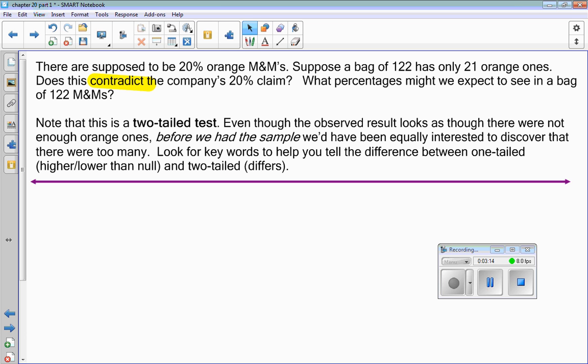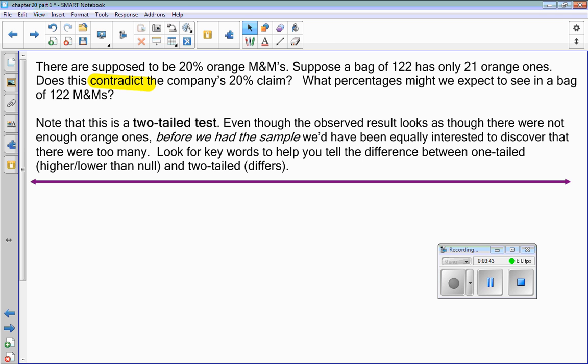The vocabulary needs to be there to imply a direction. We cannot use our sample to imply direction. In other words, we have to make a decision before our sample is even collected, whether we're trying to show that it's greater than, less than, or in this case, not equal to. So for the alternative hypothesis, it would be P is not equal to 0.2?